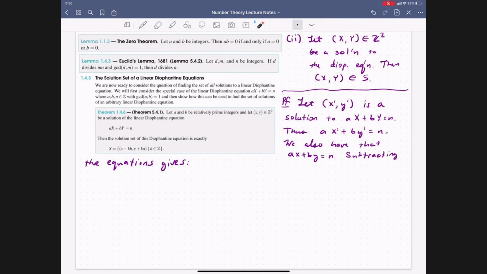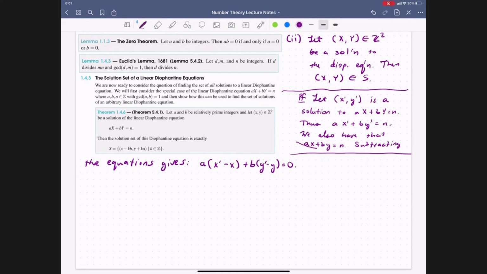And so that will give us, after subtracting and collecting like terms, since we have a common factor, a times (x prime minus x) plus b times (y prime minus y). But then we have n minus n, so that will be 0. Give me one moment.